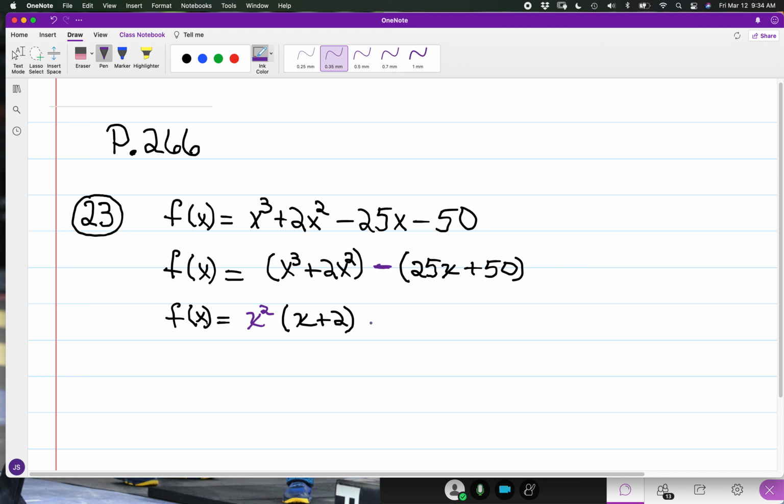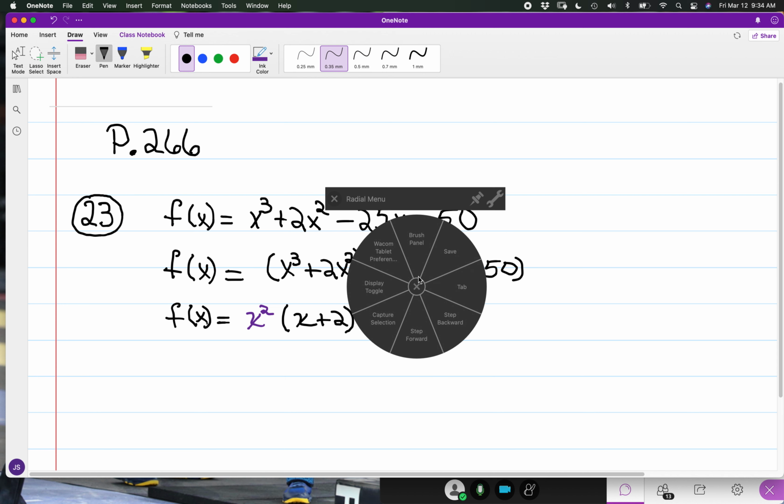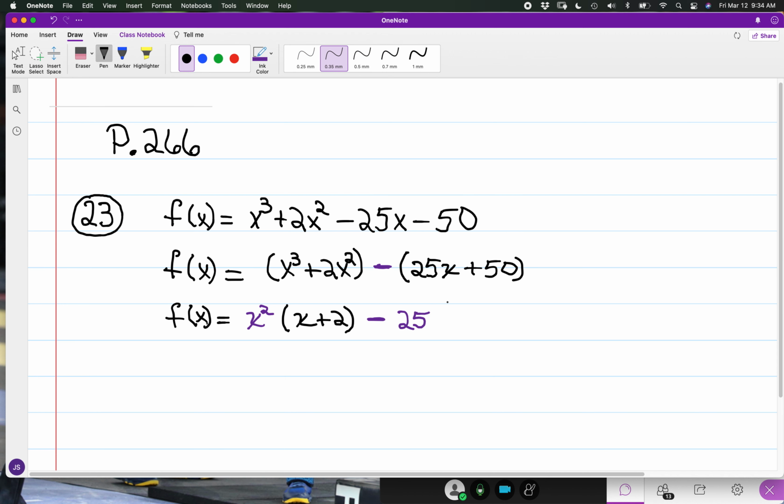Once again bringing down the subtraction, you have minus, now for 25x plus 50, the greatest common factor is 25, and taking 25 out of 25x plus 50, we have x plus 2. And so we have a shared binomial factor of x plus 2.